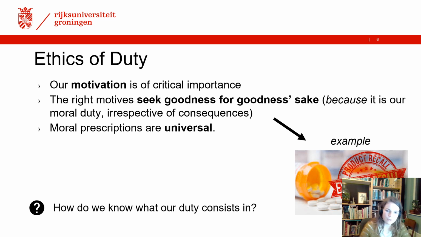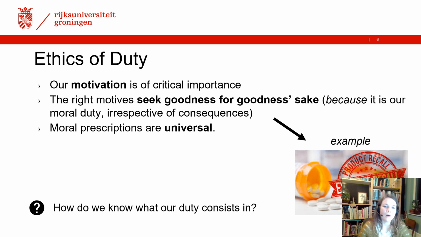So even if you were to recall the product and people would not die, it does not matter. Only the motive matters for Kant. So if you do this because you seek goodness for goodness' sake, you want to do the right thing just because it's the right thing, then it would be a good act according to Kant.